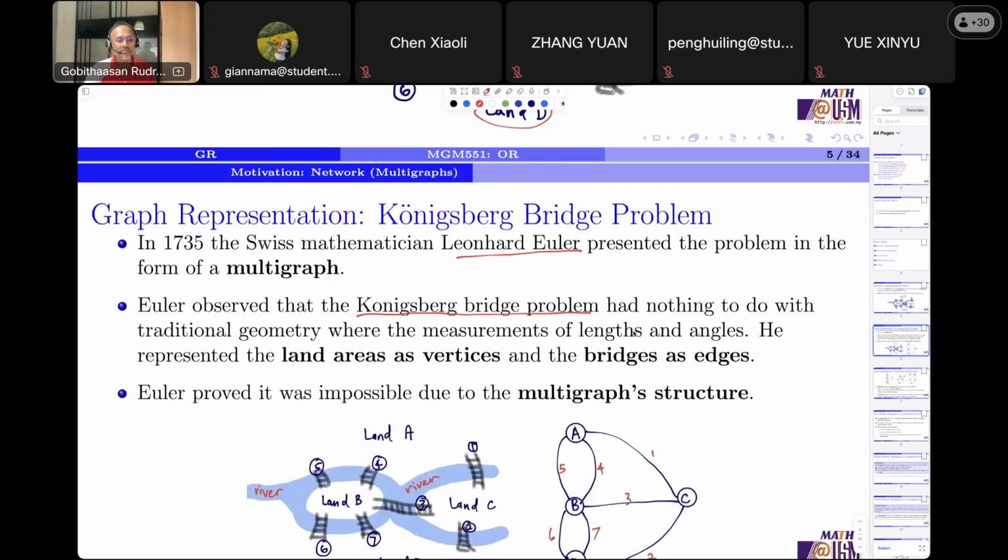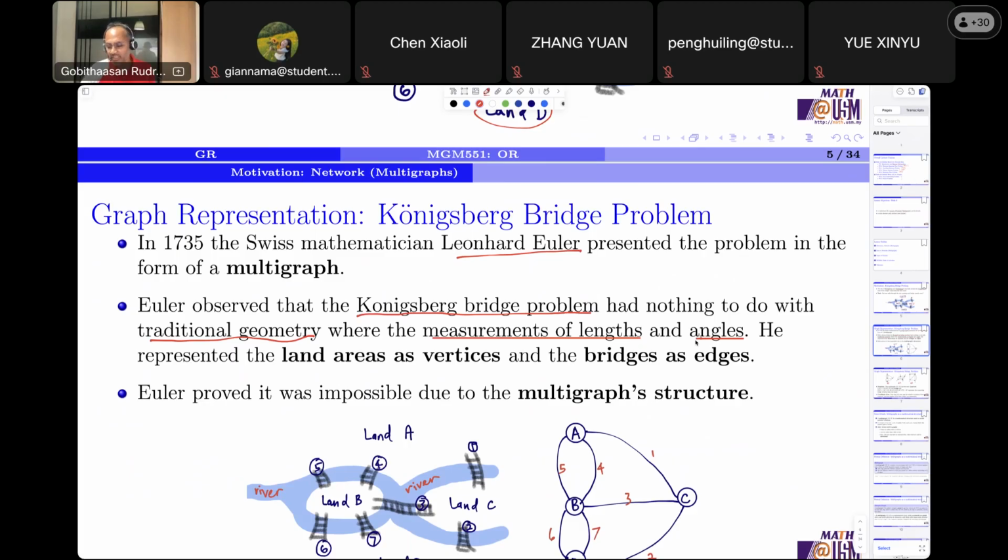Euler observed that the Königsberg bridge problem had nothing to do with traditional geometry. What is traditional geometry? Geometry involves measurements of length and measurement of angle. However, the question that was raised can be answered without even understanding the measurement of length or angle. It has nothing to do with geometry.